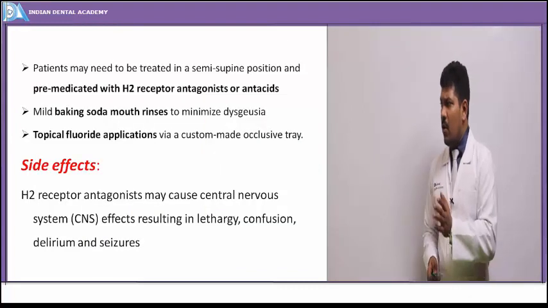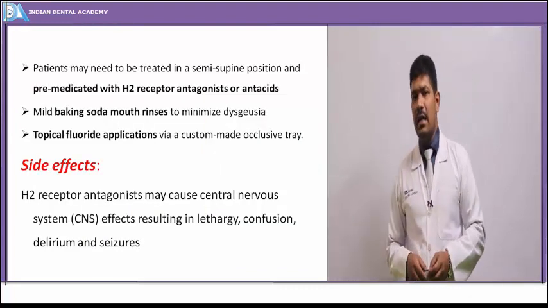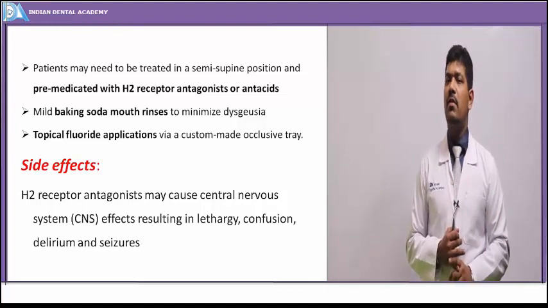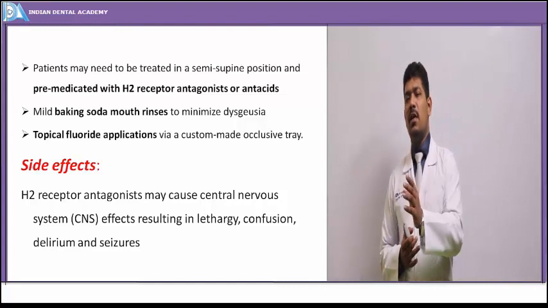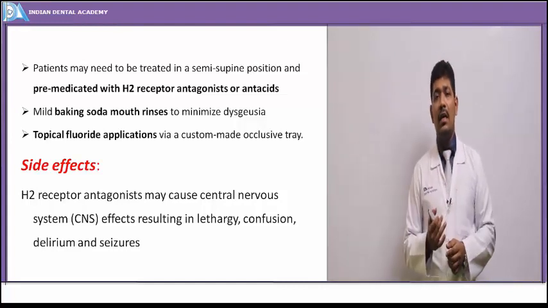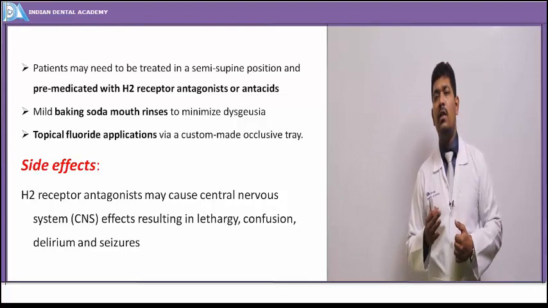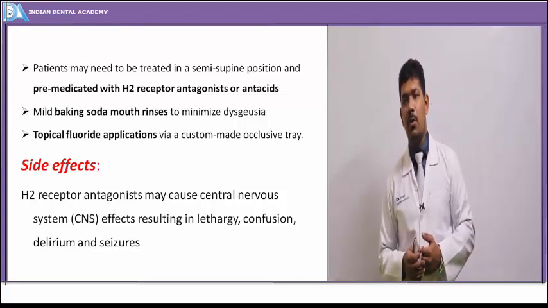Another thing we have to take into consideration is the medications which are given in cases of GERD. The most common medications given are H2 receptor antagonists, which are the most potent of all the drugs to counteract these GERD complications.